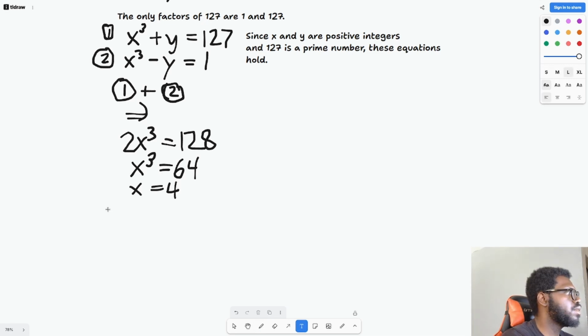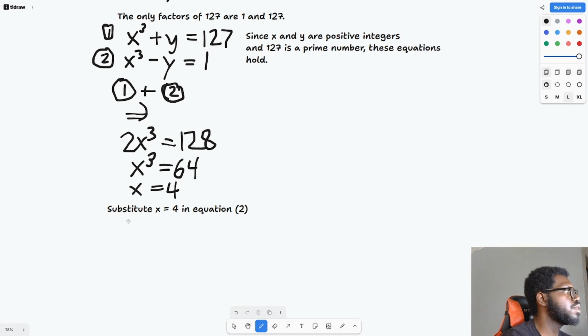So I'm going to write substitute x is equal to 4 in equation 2. Now if we do that, we get x cubed is going to be 4 cubed, which is 64, minus y is equal to 1.